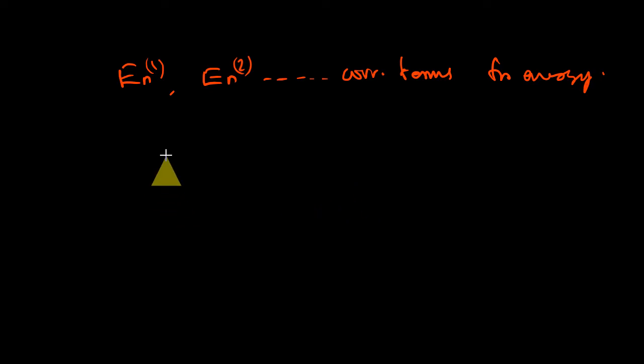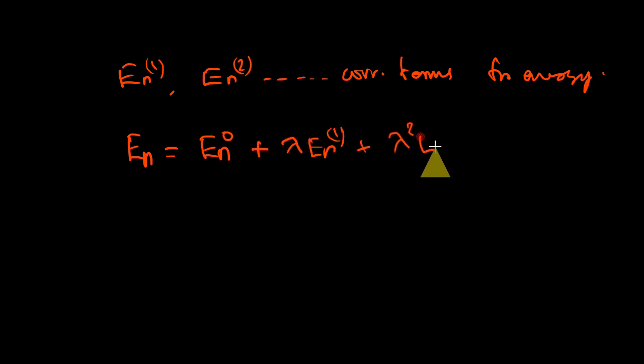So the energy of the perturbed system En can be expressed as the energy of the unperturbed system En0 plus the correction terms, that is lambda En1 plus lambda squared En2 plus etc. This is the first order correction to the energy, and this is the second order correction to the energy. So this is what we are essentially doing in perturbation method.